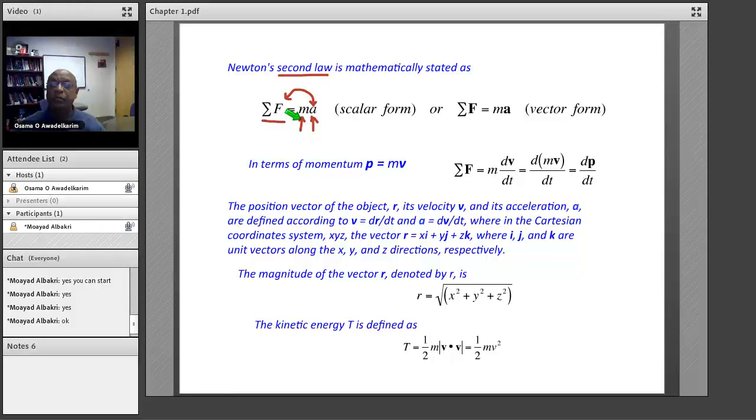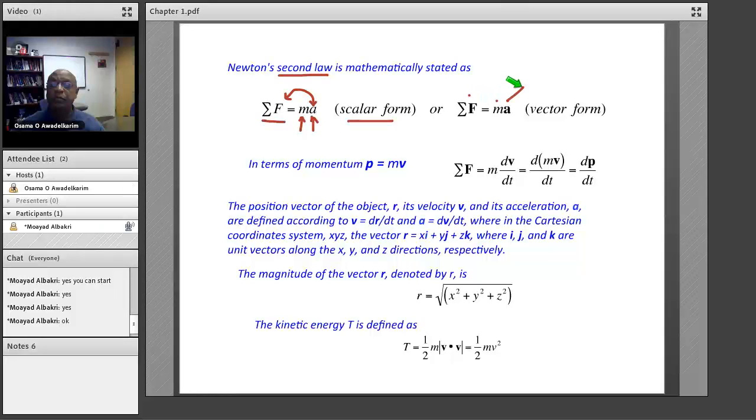Now, if we want to write it in a scalar form, we can write this equation in a vector form. And vector meaning that we write the letter as a bold-faced letter. So this F here, which is bold, and the sum meaning resultant. So the resultant force, which is a vector, is equal to mass, which is a scalar, times the acceleration.